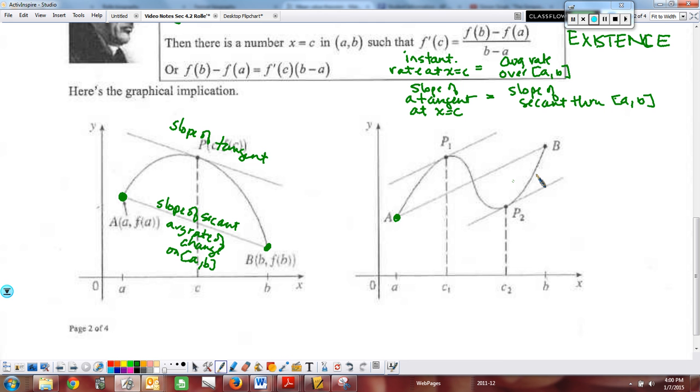So we have our continuous function on the closed interval and differentiable on the open. Wherever that secant line slope is, you could have more than one place where it has that same slope. Just as there exists somewhere that you're going to have. Right? Now let's talk about Rolle's theorem. Why is Rolle's theorem a special case?